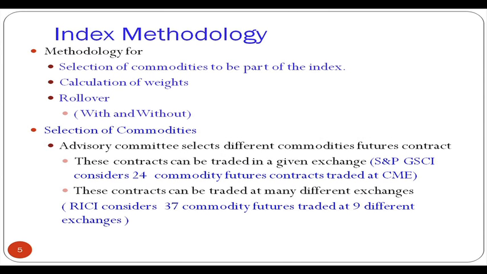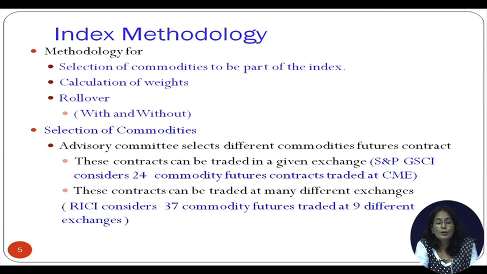If you can see, it considers 37 commodity futures traded at 9 different commodity exchanges. However, Goldman Sachs considers only those futures contracts which are traded at the Chicago Mercantile Exchange.